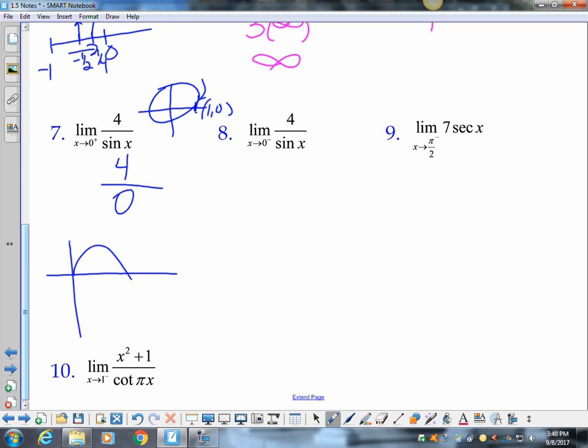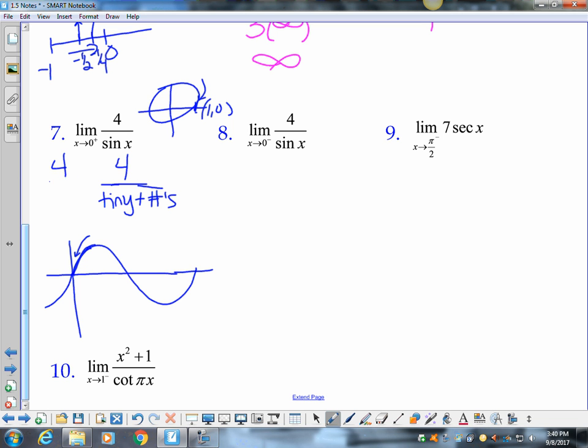What if I thought about the graph of sine of x? And I head from the right. I'm headed to 0, but now I can think more about what my x values are doing. Well, they're getting smaller and smaller. So if I have 4 over tiny positive numbers, and they're getting smaller, and I'm dividing them into 4, aren't they going to go in more often the smaller they get?